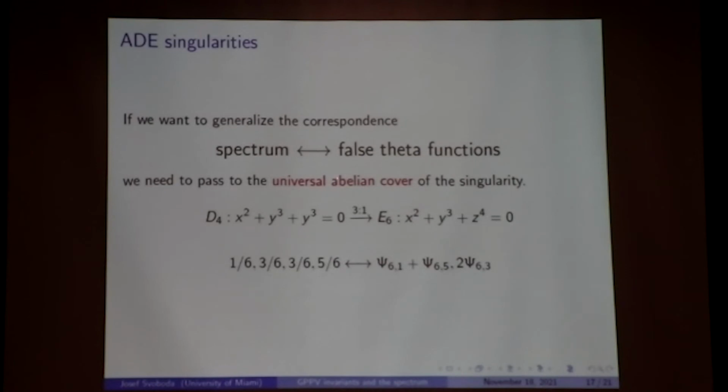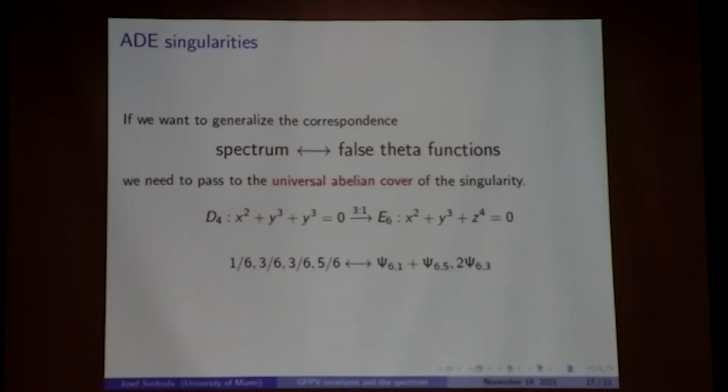So this is the universal abelian cover, and this is also being studied by Paul and Clementi and many other people, because even if you have an ugly singularity, usually the universal abelian cover is very nice. It's like the Brieskorn complete intersection.